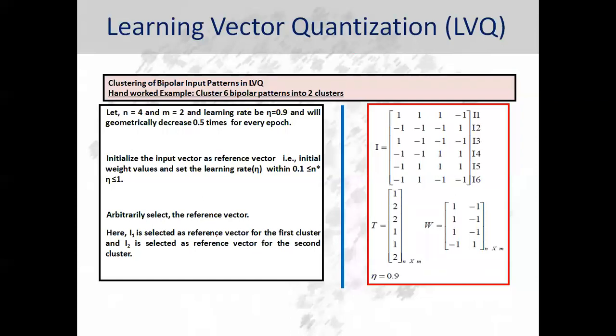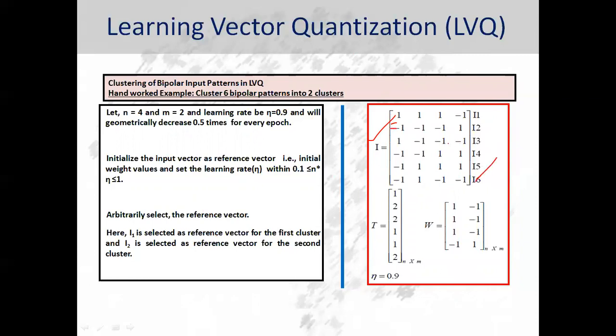So the problem here is to cluster the input space containing 6 patterns given by this feature matrix I, representing 6 patterns I1, I2, I3, I4, I5, and I6.